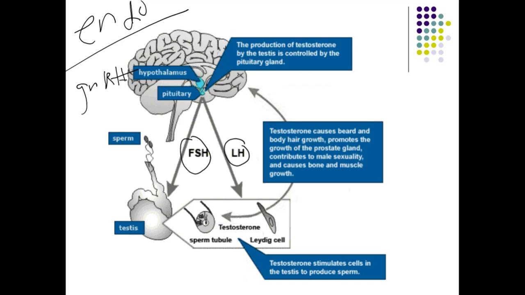LH is going to directly affect the Leydig cells and cause them to produce testosterone. FSH as well as testosterone production are going to have an effect on the spermatogonia and the seminiferous tubules to end up causing them to produce or mature sperm through spermatogenesis.